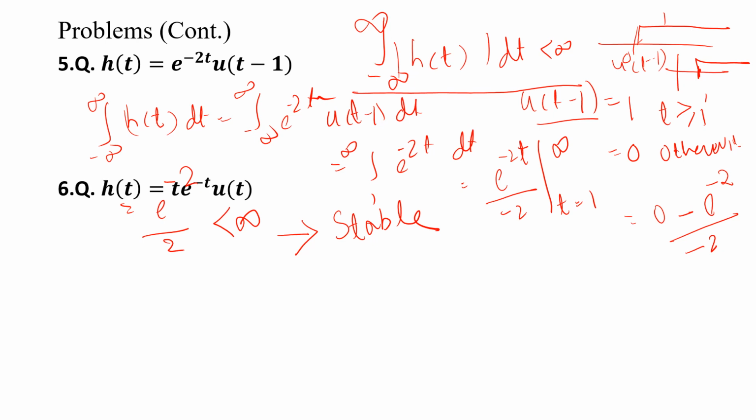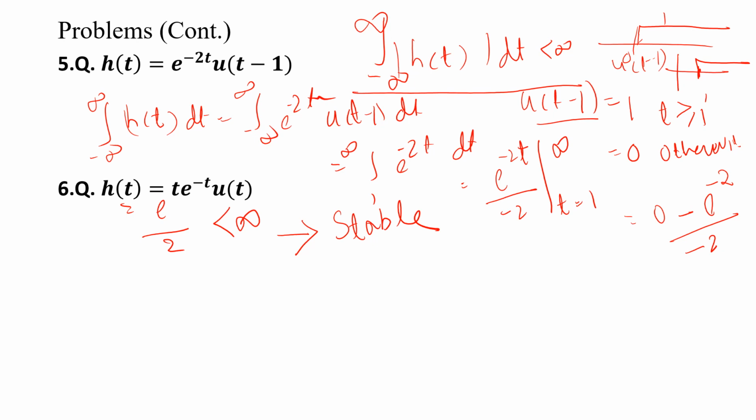So next question, h of t is equal to t into e to the minus t u of t. We have to follow the same process.